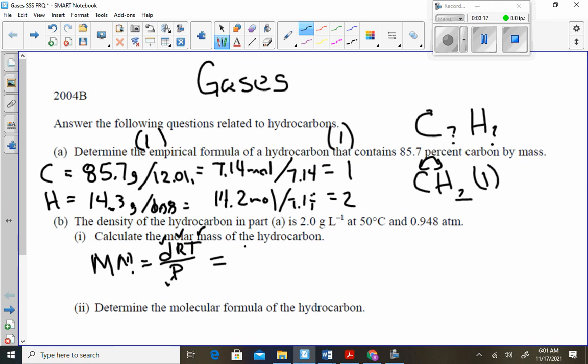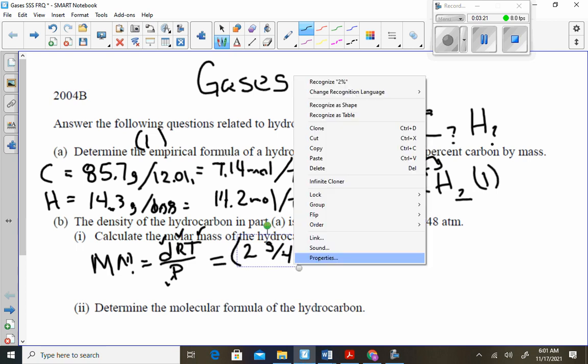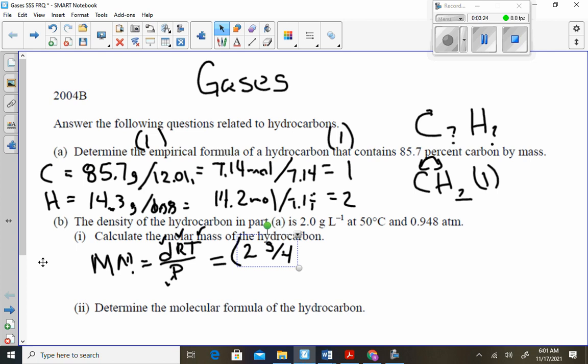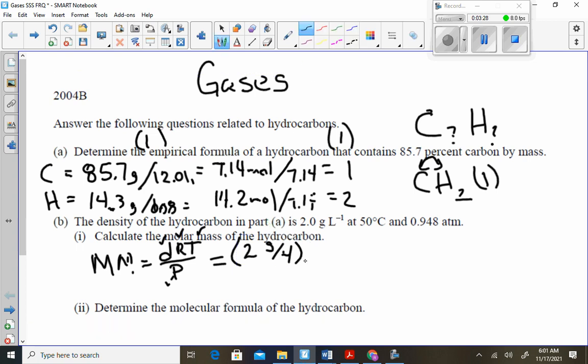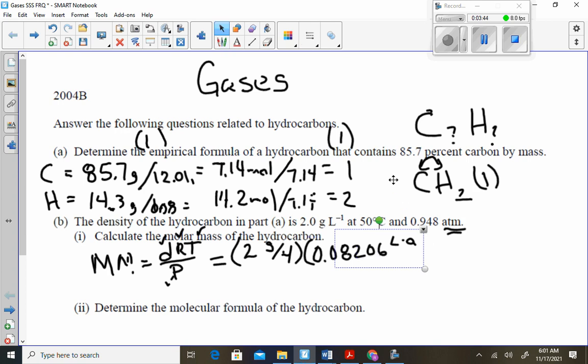So we take 2 grams per liter for the density that we're given, times our R value. Since we're in atmospheres, we have to use the R value with atmospheres in the units, so we have 0.08206 liter atmospheres per mole Kelvin.